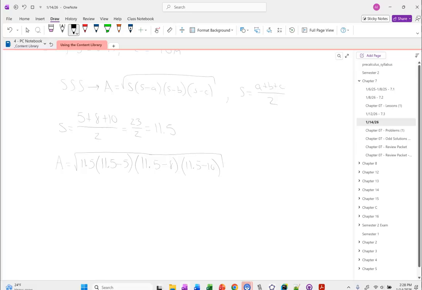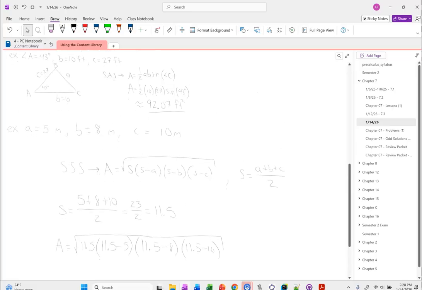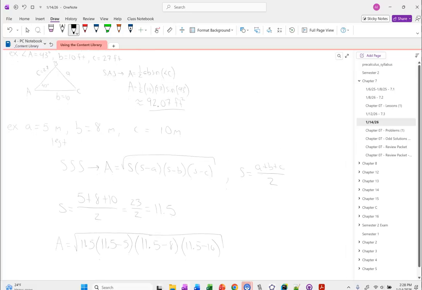It's a side, side, side. It's possible that this triangle doesn't even exist, right? So I should have started by checking, is leg plus leg greater than hypotenuse? It is, right? 5 plus 8 is greater than 10. So I know I have a triangle, so I can proceed. Should do that to start, though.